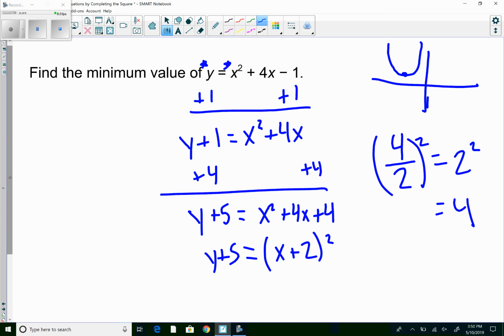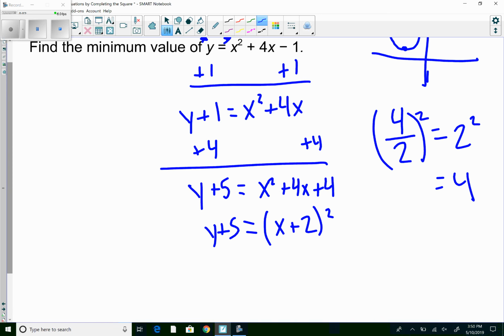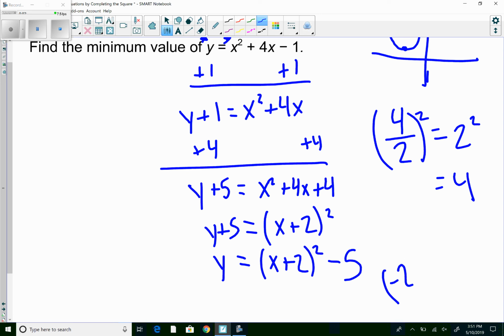And then again, we want to get this y all by itself. So we're going to subtract 5 over to the other side. Look at what form we're in now. This is in our vertex form. That minimum, remember to find our vertex, that's (h, k). That's going to be at (-2, -5). That's your minimum.